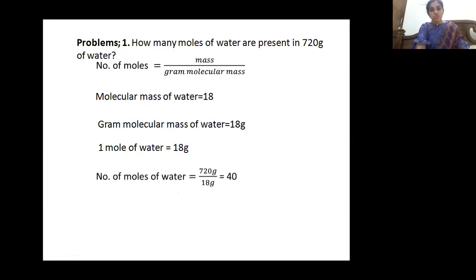So 16 plus 2 is 18. So molar mass or molecular mass of water is 18. Similarly, gram molecular mass of water is 18 grams. Therefore, 1 mole of water is equal to 18 gram, and number of moles of water is equal to 720 gram by 18 gram. It is 40.